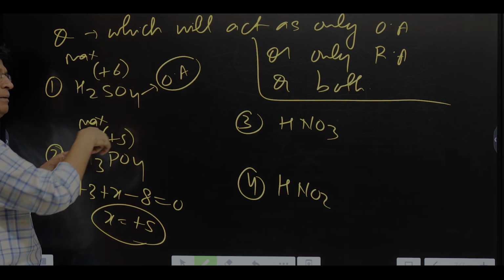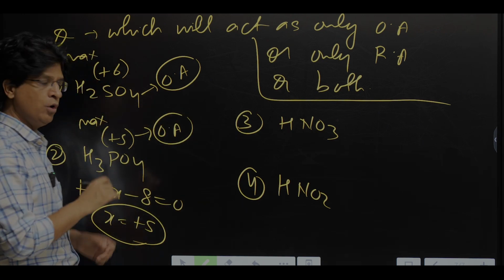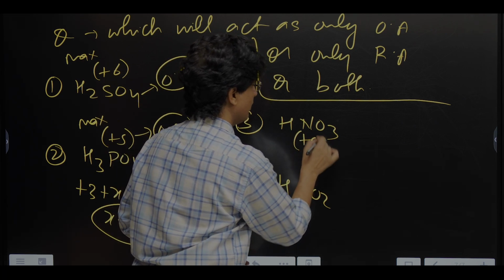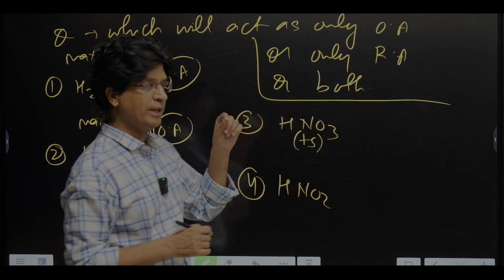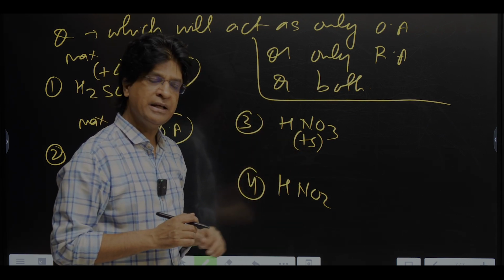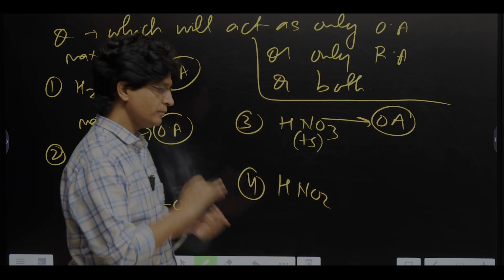If they are in the maximum oxidation state, they will act as oxidizing agents. Yes or no? Only as oxidizing agent. HNO3 will be in +5. Yes or no? And it is also in group number 5. It is the highest possible oxidation state. That means it will also be acting only as an oxidizing agent.